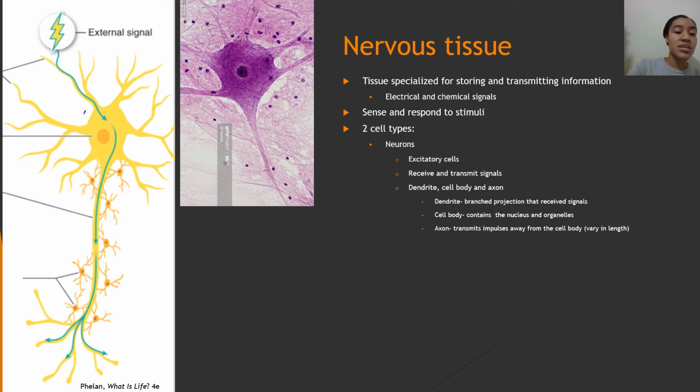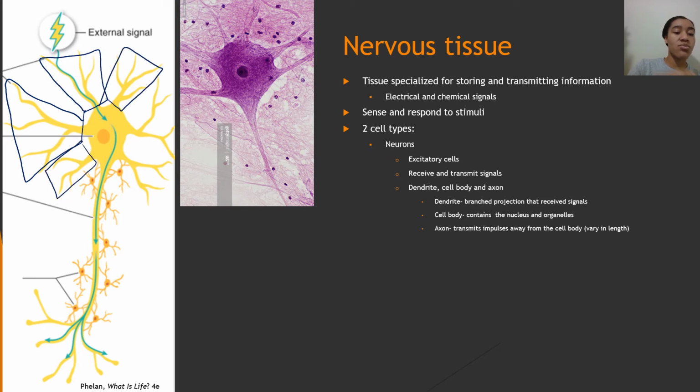They can be seen here. This is an example, and this is also an example of a dendrite. These are all dendrites, all this branching material. So if there was another neuron here, and let's say these are the axons of that neuron sending a chemical signal out, that signal would be picked up by the dendrites of this neuron.